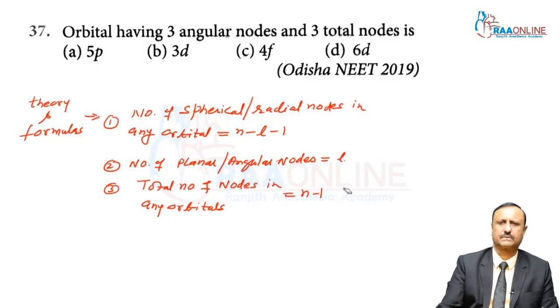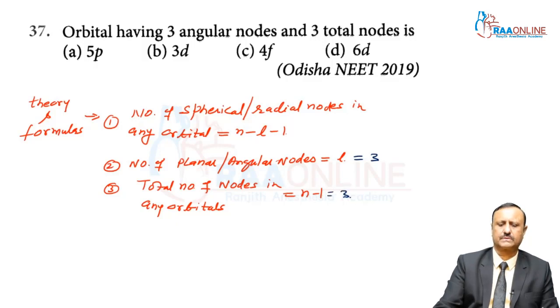So, my dear students, here you can see that this orbital has 3 angular nodes. If 3 angular nodes, it means l is equal to 3. So, you can see here 3 angular nodes and 3 total nodes, and here that is 3.